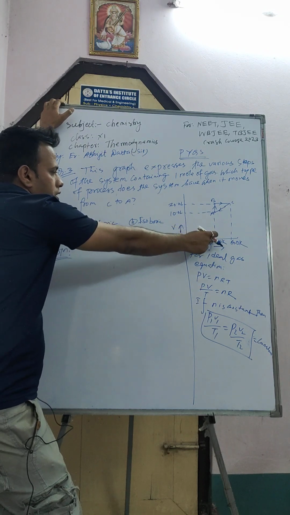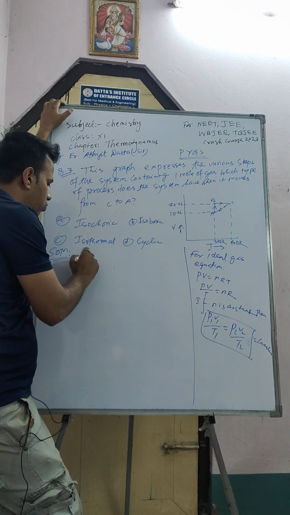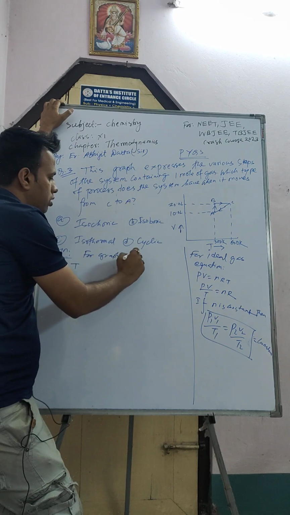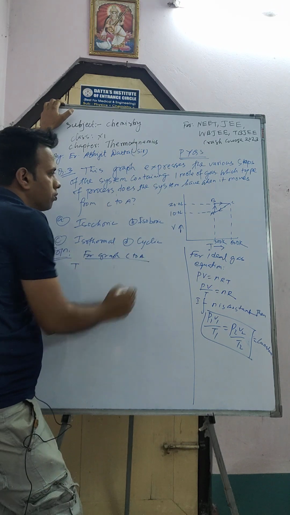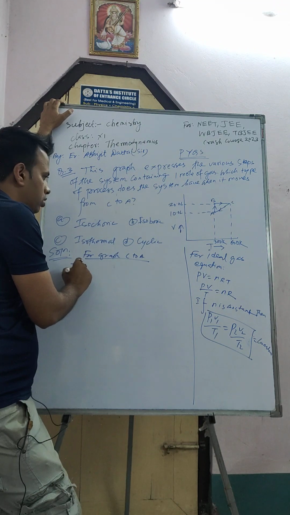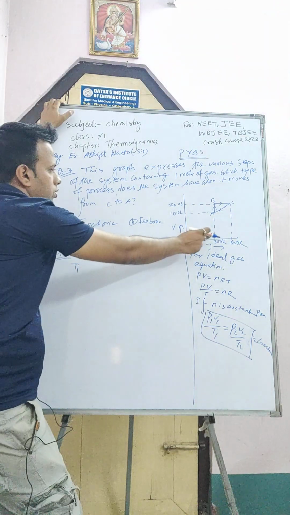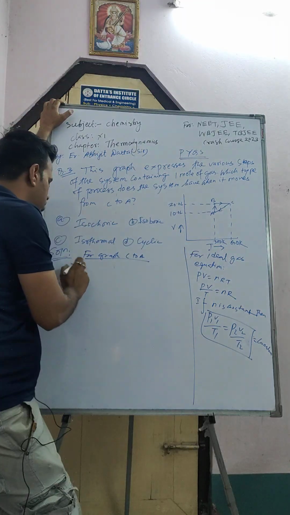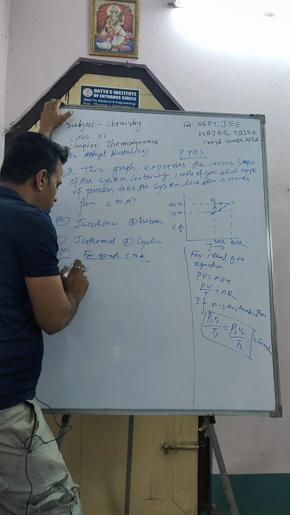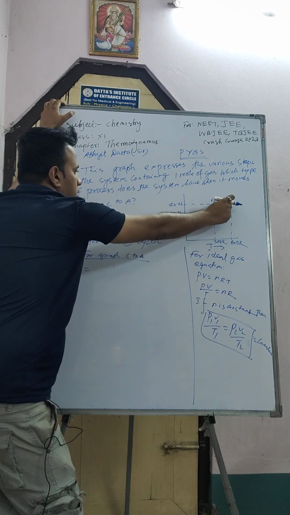For the graph C to A, this C is the initial position.